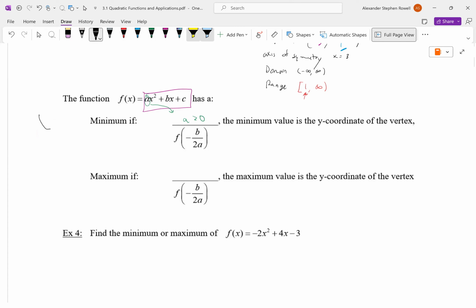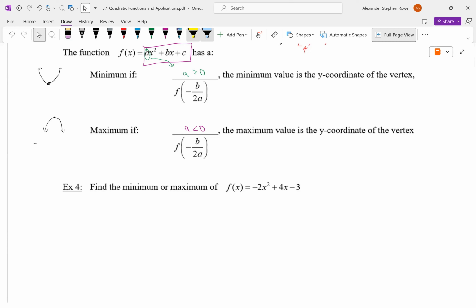Okay, so an upward parabola has a minimum. A downward parabola has no minimum. If you say the smallest value is -100, eventually it passes below it. So downward parabolas have no minimum. They only have a max. If A is positive, then you can find the minimum value. If A is negative, then you have a maximum value.